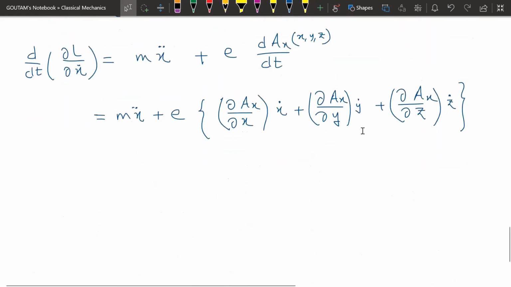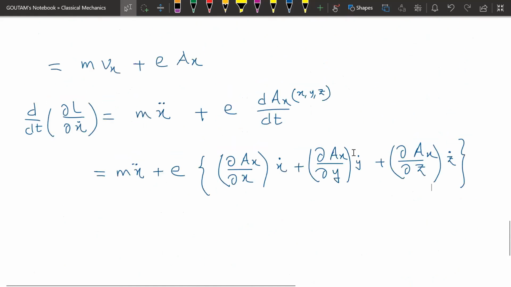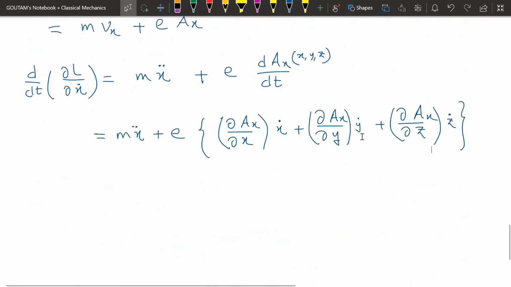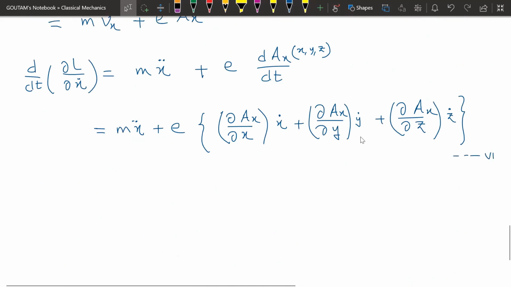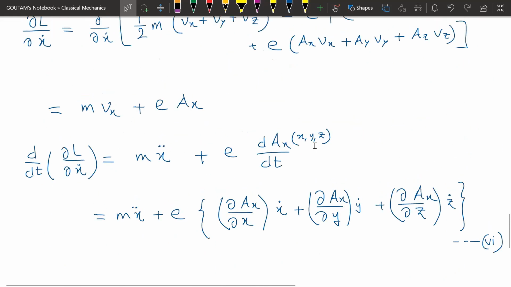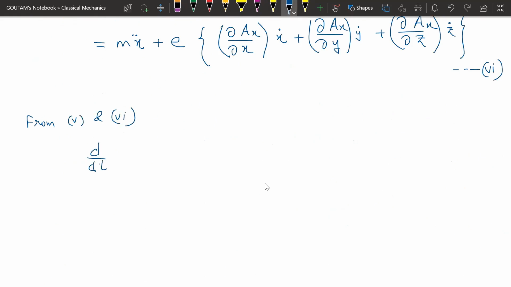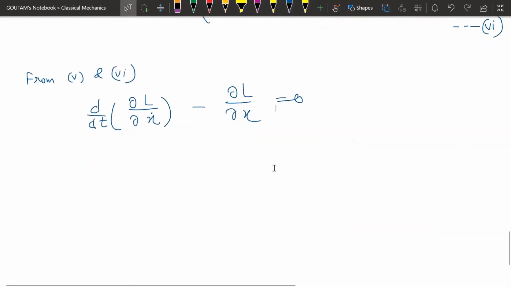So the Lagrange's equation that we have, let's call it equation 6. From equations 5 and 6, the Lagrange's equation is d/dt of del L del x dot minus del L del x equals 0.